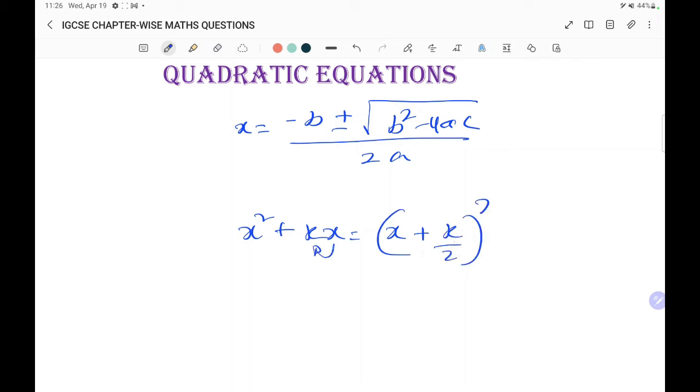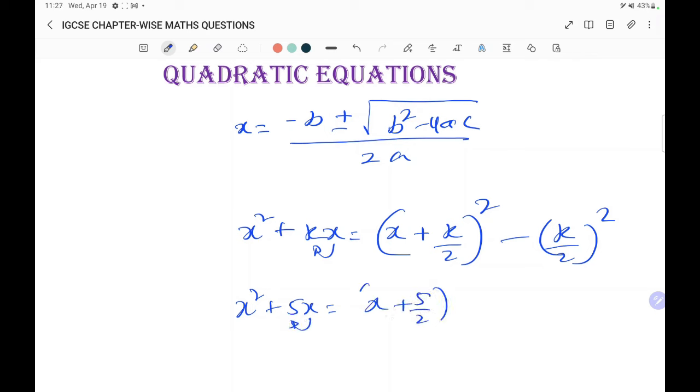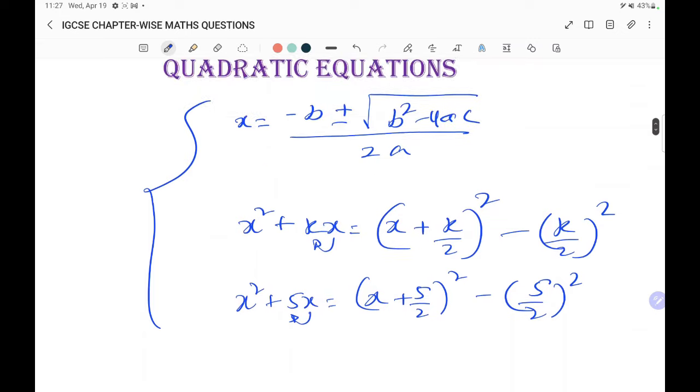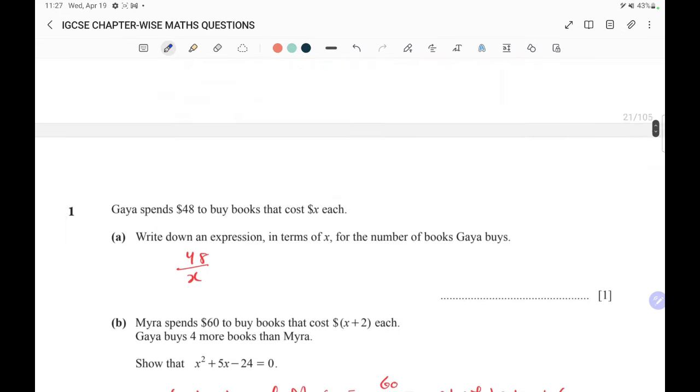So (x plus k over 2) whole square, then minus (k over 2) whole square. For example, if you have x square plus 5x and we need to do completing a square, then x plus, x coefficient is 5, so I will write (5 over 2) whole square, and again I will write (5 over 2) whole square. So maybe we have to apply these concepts in the question which is based on quadratic equation.